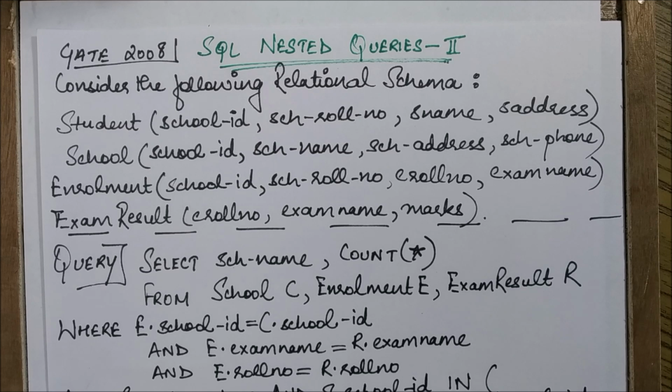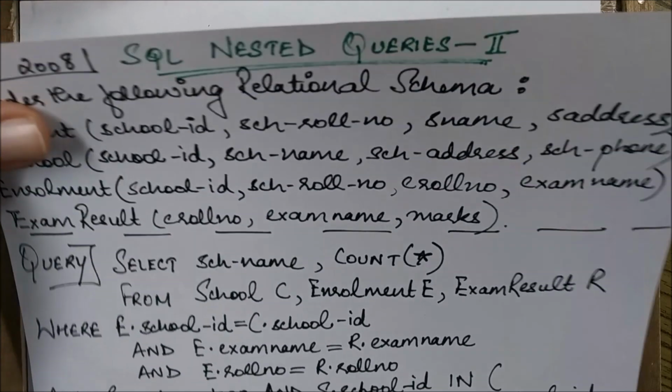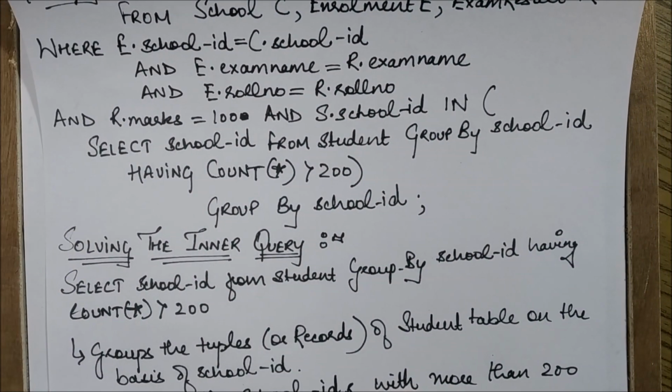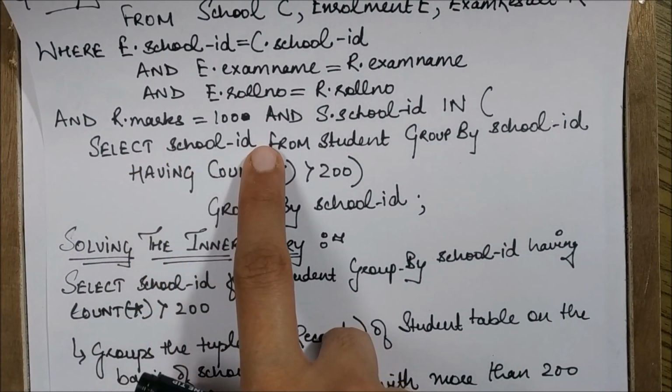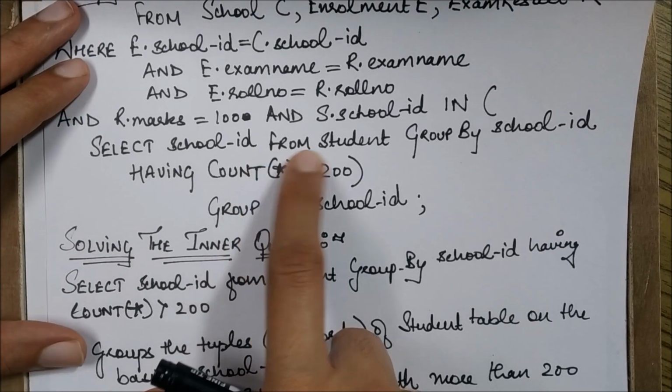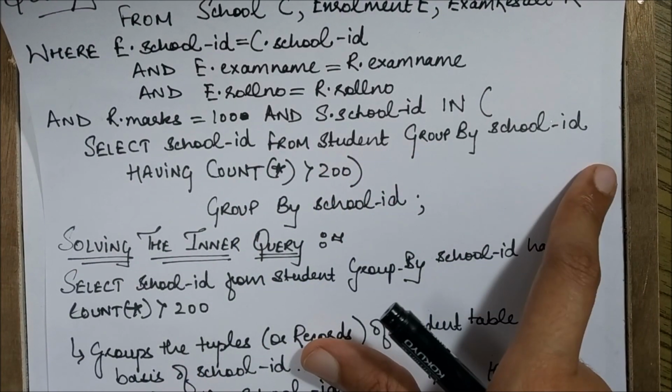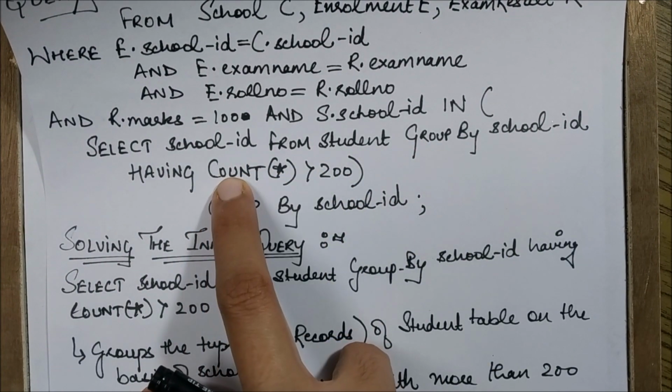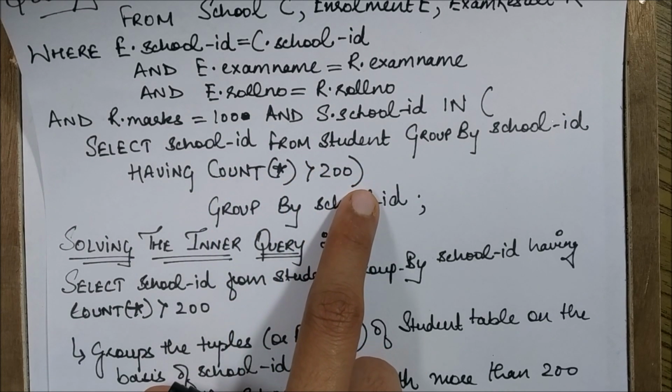Because it is going to group all the student names, etc., on the basis of the school ID. Everyone belonging to the same school ID is going to be grouped together. So it basically means that they're going to select only those school IDs from the student table where the number of students is more than 200.